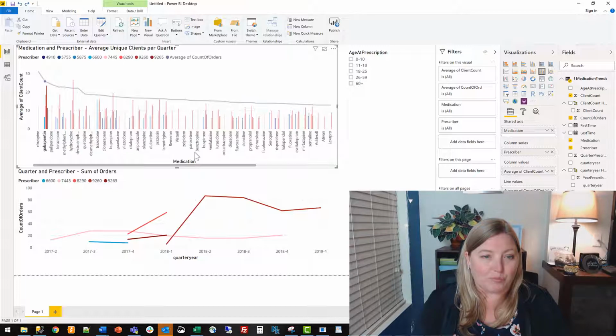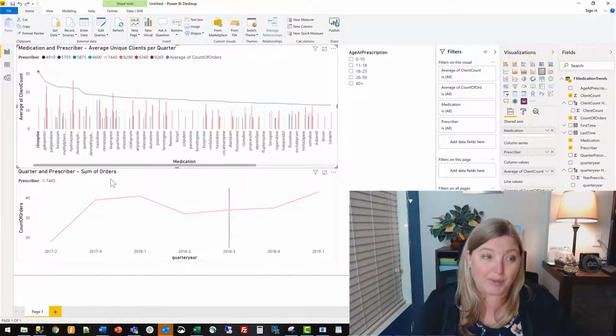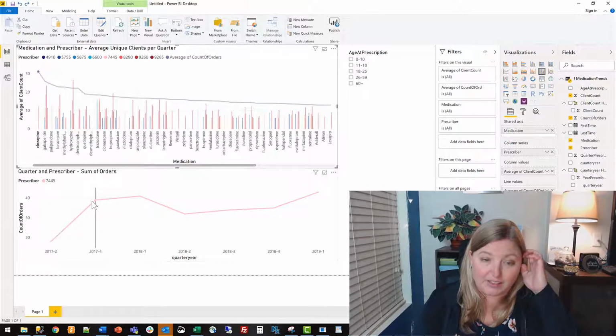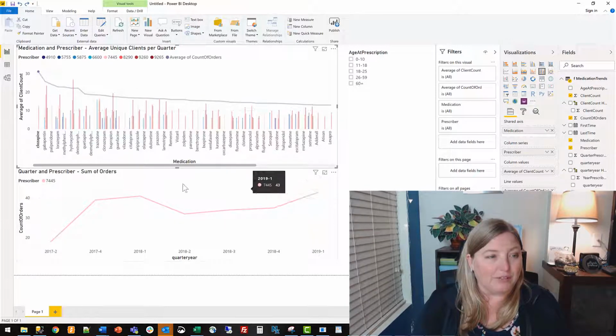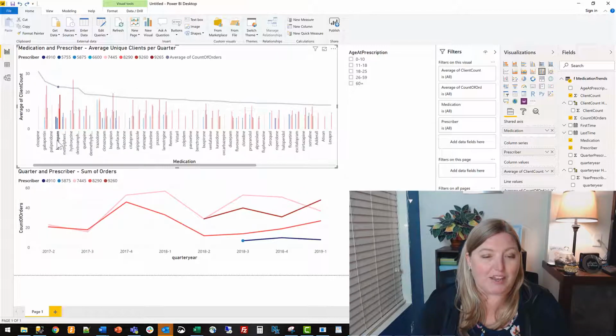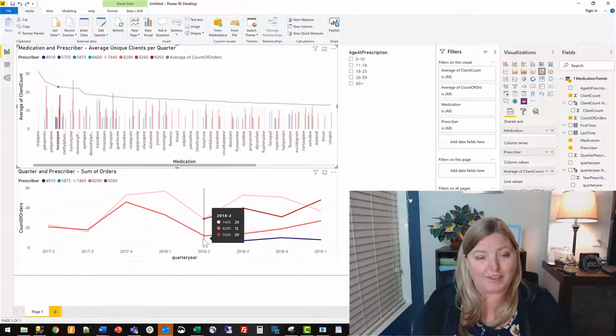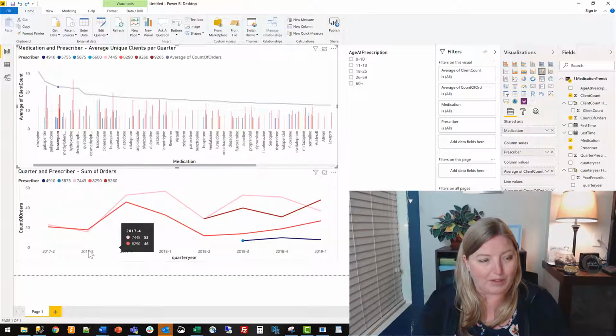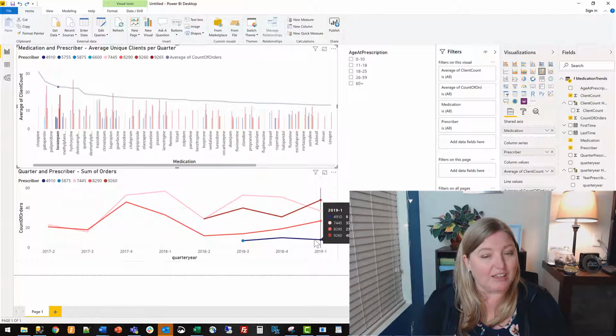Some of these have really interesting trends. You can see clozapine has had an uptick and then leveled out a little bit. Some of the medications like lorazepam, which is a controlled substance, had a dip, then went up, then had a dip. It's interesting how the dips correspond with each other because these are different prescribers. So that's kind of interesting.